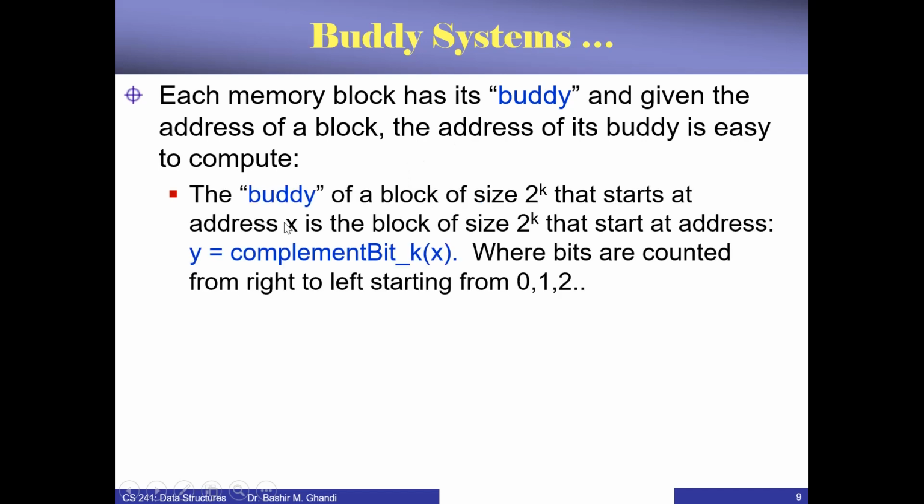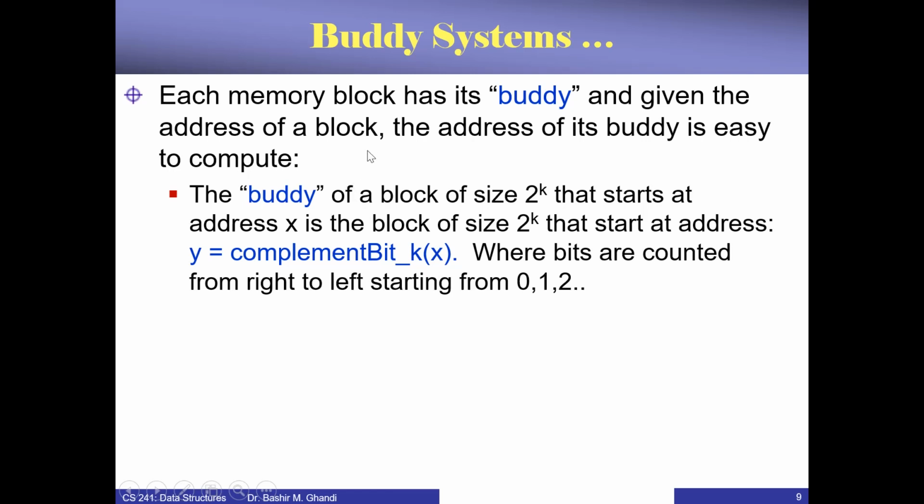This is the formula. Say the buddy of a block of size 2 to the power k that starts at address x is the block of the same size 2 to the power k that starts at address y. How do we get y? Simply by complementing bit k in the address of x.